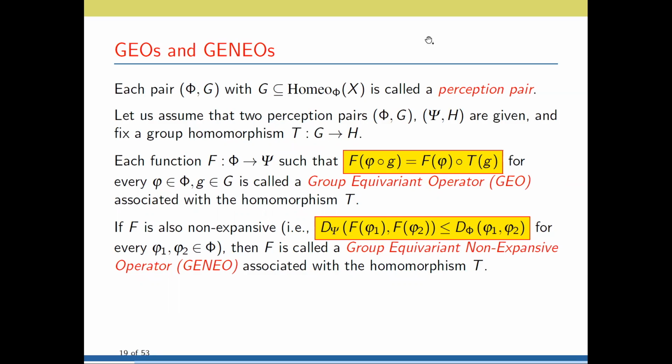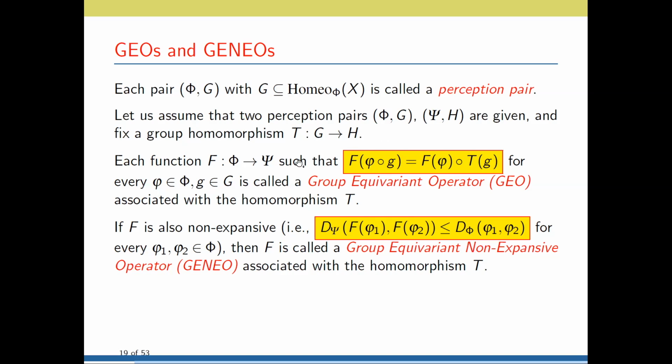Let us assume that two perception pairs phi G and psi H are given, and fix a group homomorphism T from G to H. So you have a way to translate the action of G on phi into the action of H on psi by means of this homomorphism.